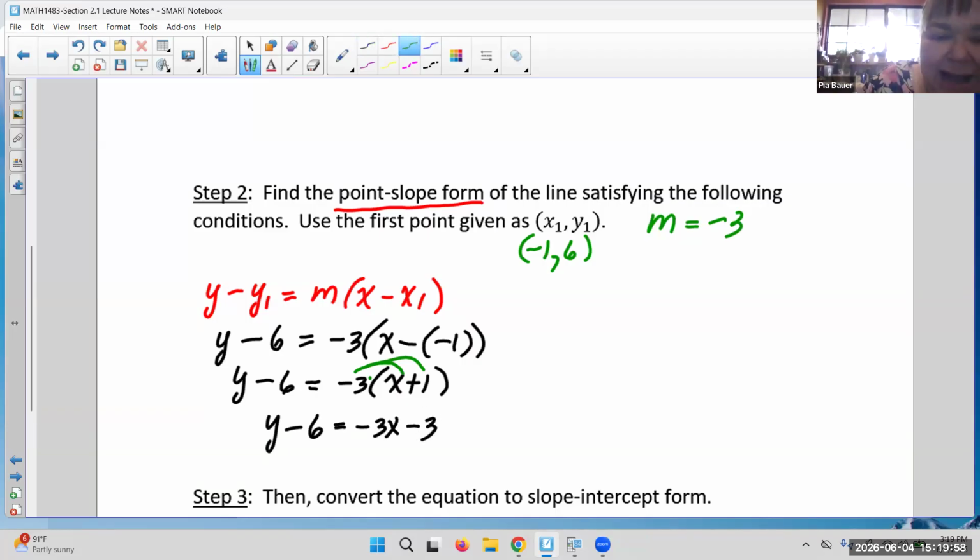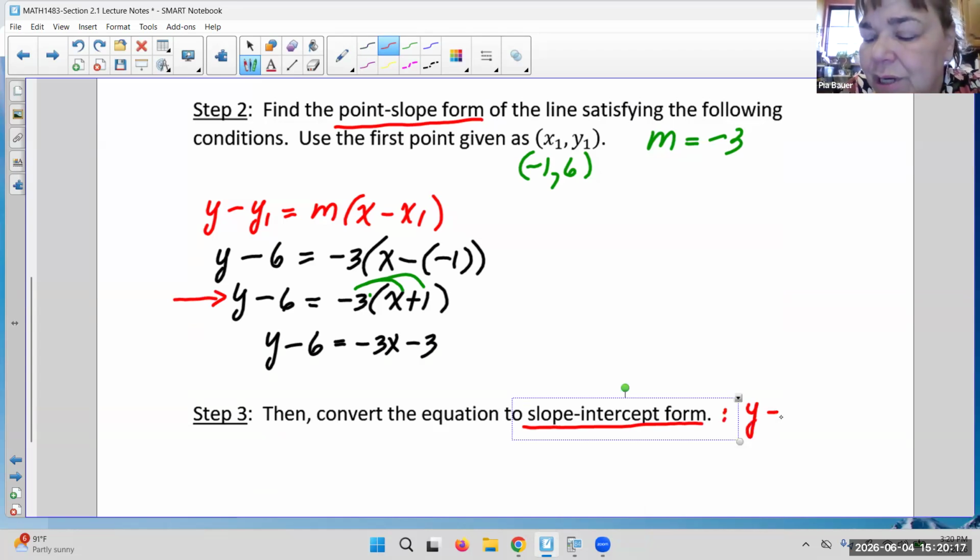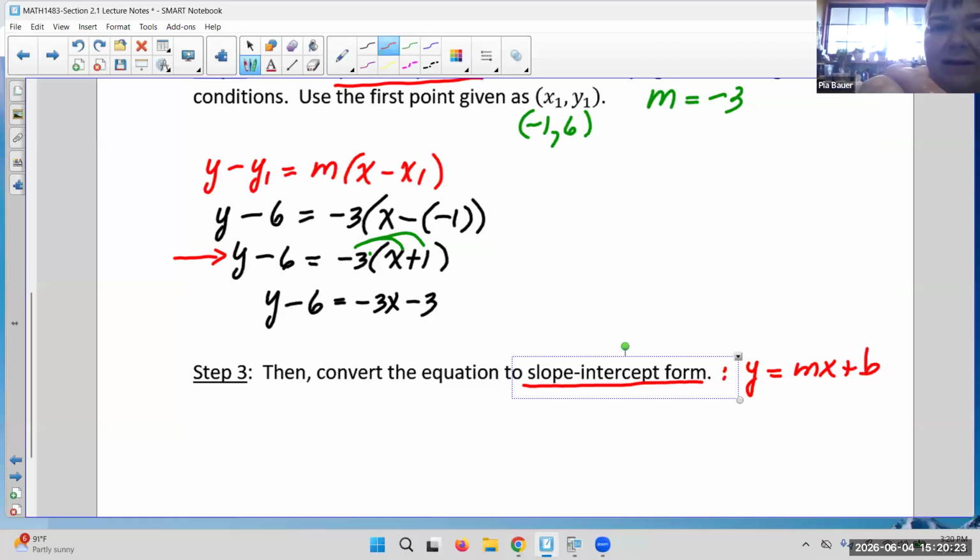And then in the last step, I'm going to isolate the y. So I got the point slope formula here, but the last step is to convert it to slope-intercept form because they ask you to write your answer as a slope-intercept form. So I continue here by adding a 6 to both sides.